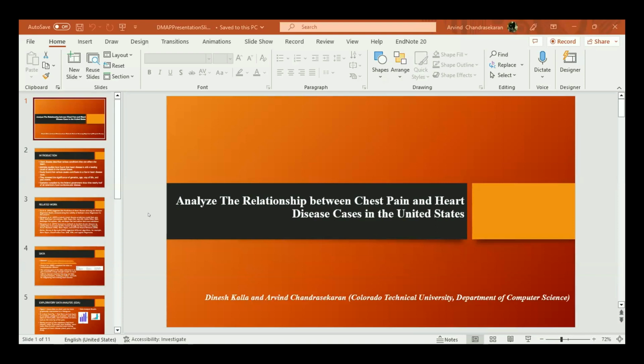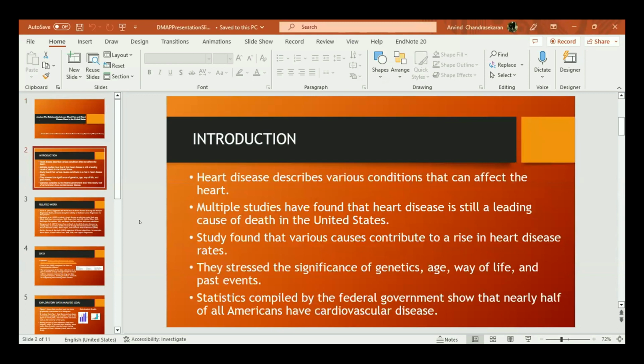Chi-square test compares the relationship between chest pain and heart disease cases in the United States. So, heart disease is the various conditions which can affect the heart.